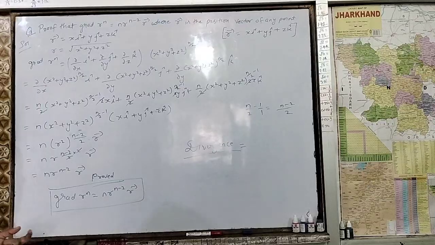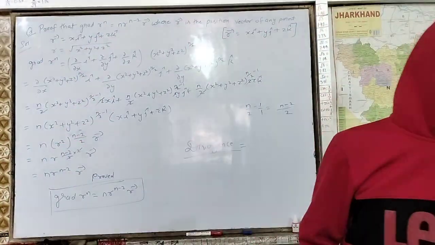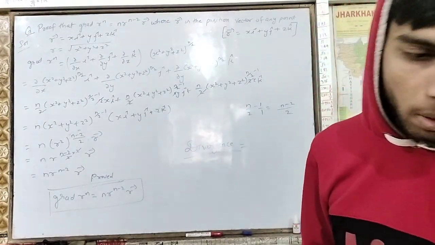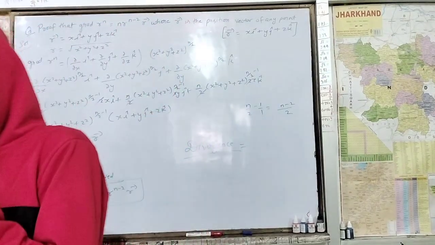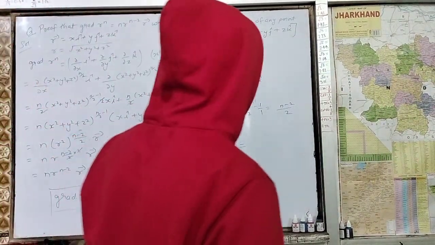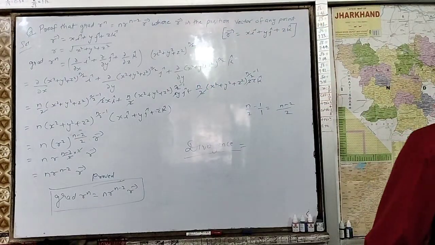It means the divergence of the vector is not equal to 0. If it is equal to 0, you can say that the vector is not spreading out. If the divergence of any vector is equal to 0, then you can say the vector is not spreading out.